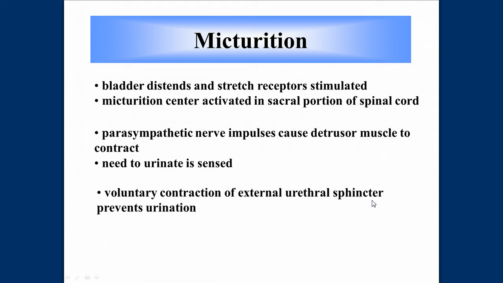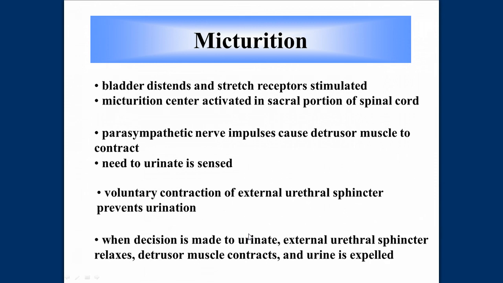If a person is unconscious, has a brain injury, or is deceased, they lose control, the muscle relaxes, and urination happens. When the decision is made to urinate, the external urethral sphincter relaxes and the detrusor muscle contracts, which squeezes the urine from the bladder. The urine is expelled.